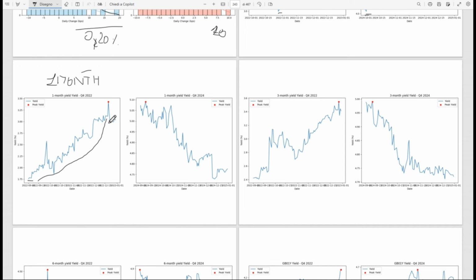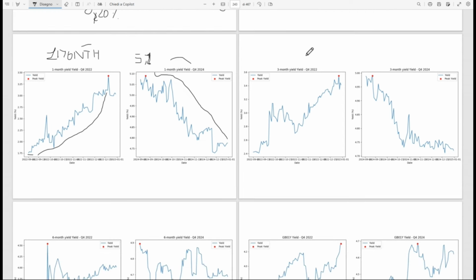So this follows the Bank of England hiking interest rates. Now in 2024 you start from 5.1% in September, October 2024, and the Bank of England has begun to cut interest rates. So you see that the curve follows the real market curve for the 1 month yield.